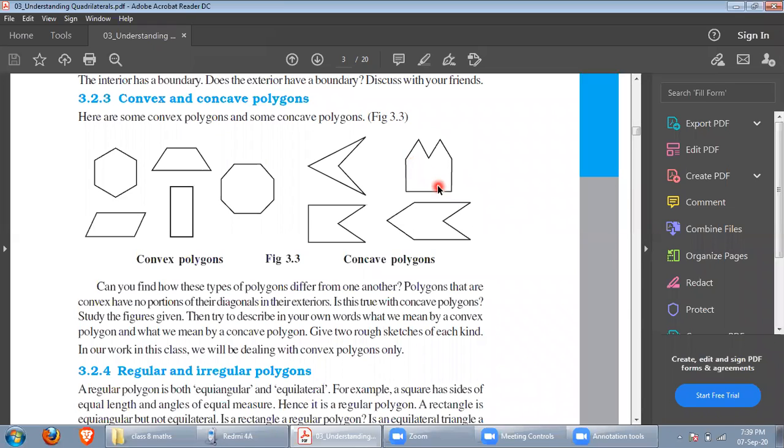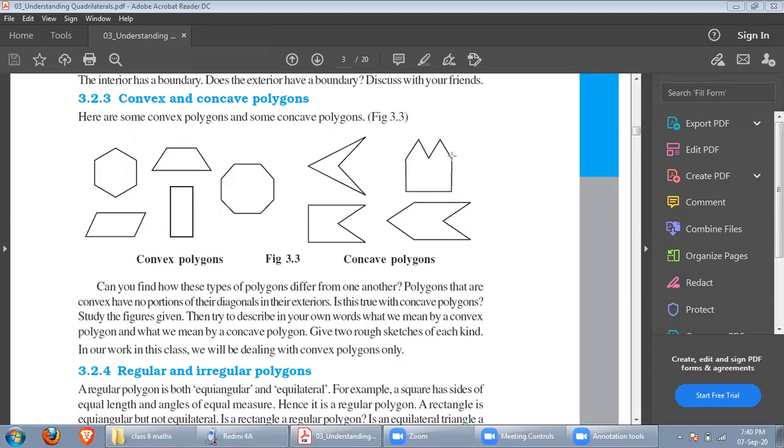So what are the diagonals? What can be the diagonal? So these diagonals, I will draw. Better I will draw. This diagonal, and then, sorry, let's start with this point.